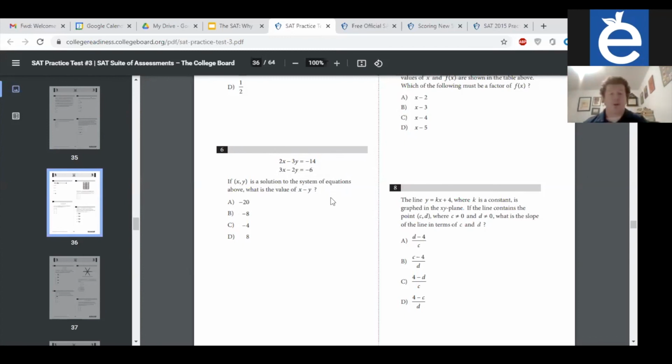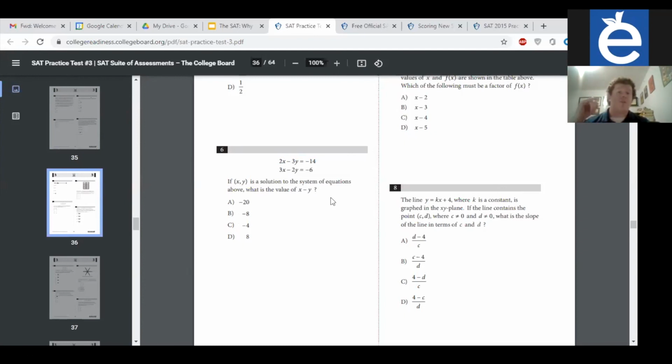So what we end up with is 5x minus 5y equals negative 20. What we can do then is simplify. We divide everything by 5, and we get x minus y equals negative 4. Those opportunities come up a lot.